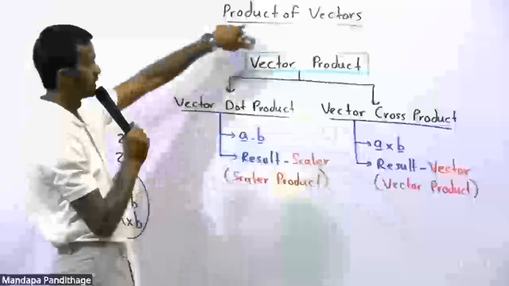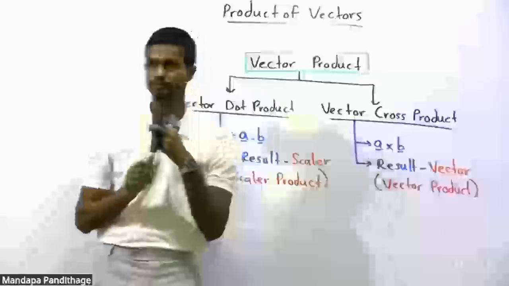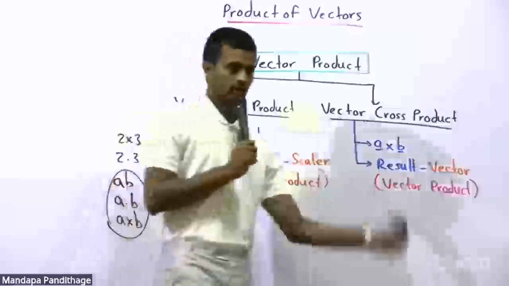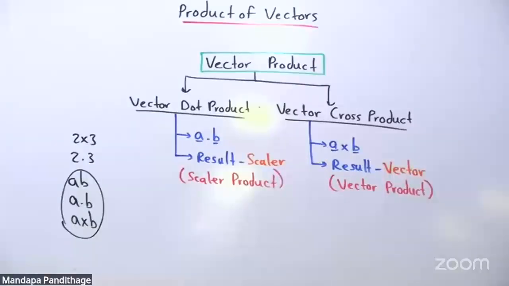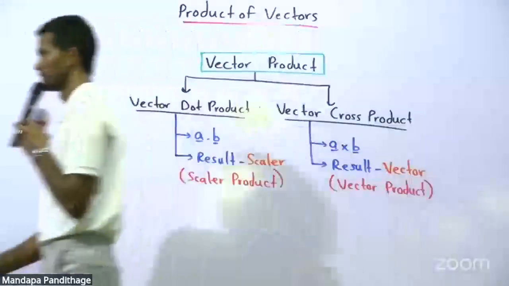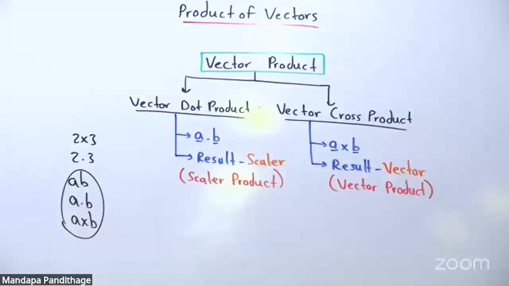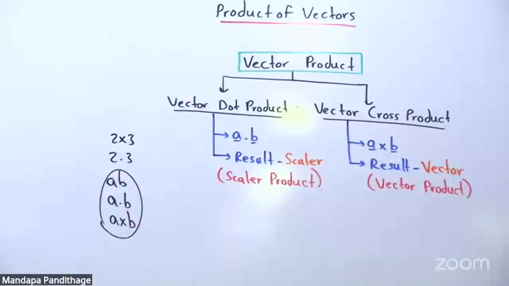Okay. Then, product of vectors, write in this way. The product between two vectors can be discussed under two types.